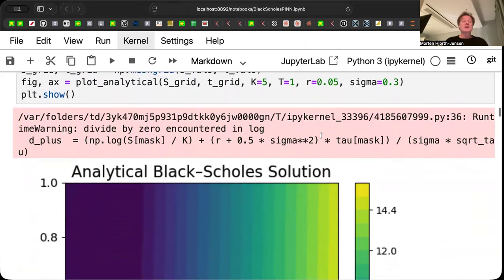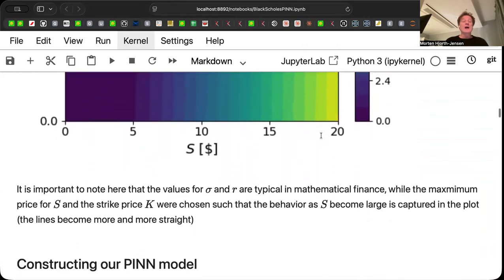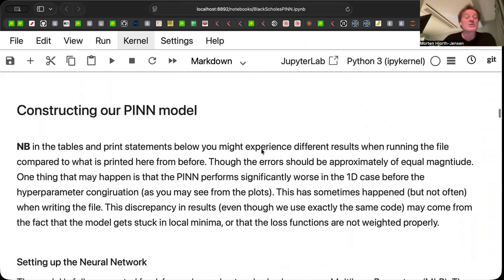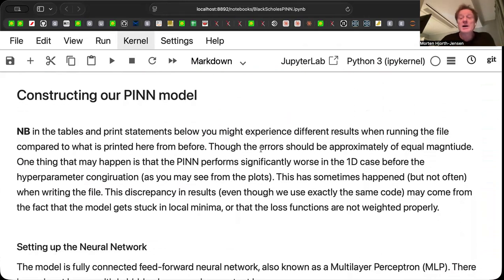The next step is to sketch quickly how you set up your PINN model, without going into all the details. In the tables and print statements below, you might experience different results when running the file compared to what is printed here, but the errors should be approximately of equal magnitude.